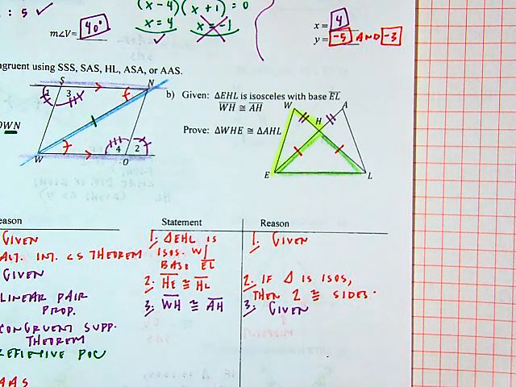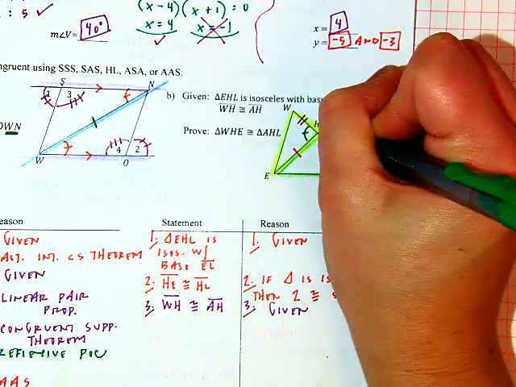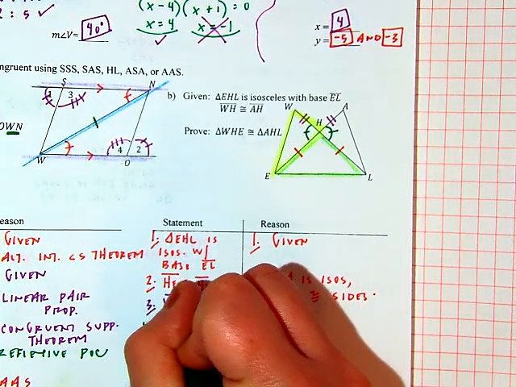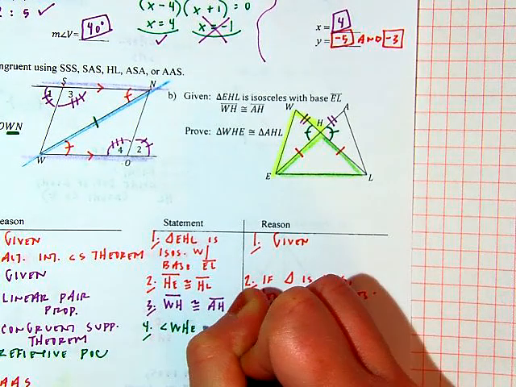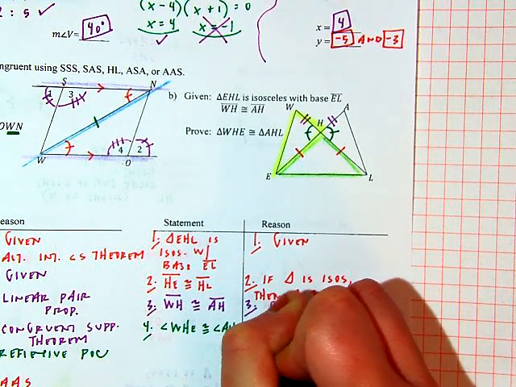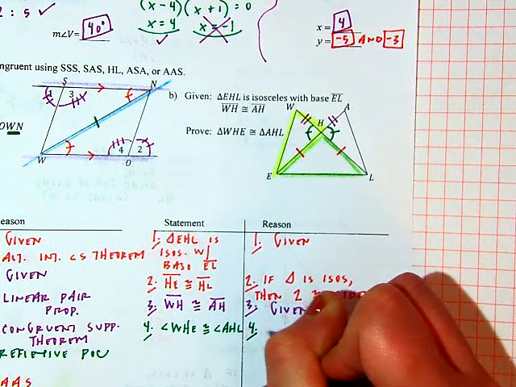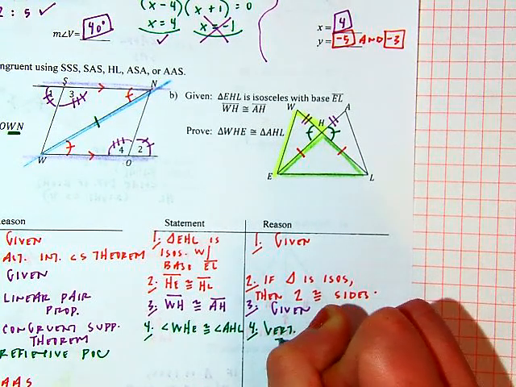Okay, and now I need to look in my picture for one other connection, and I see those vertical angles here and here. So angle WHE is congruent to AHL. So vertical angles theorem.